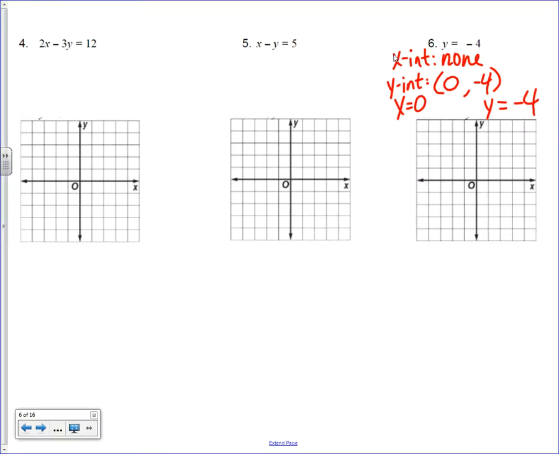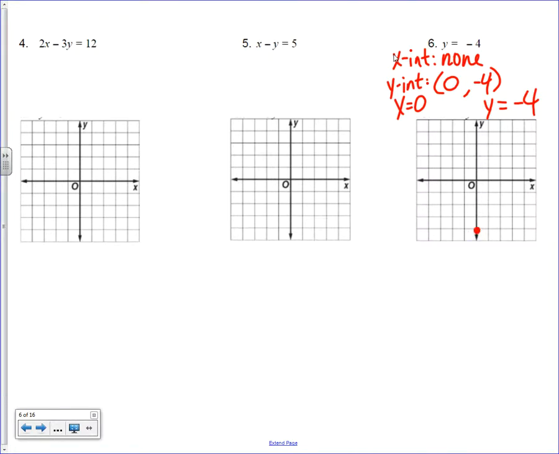If I start at the origin, left or right, where do I go? I asked you, left or right, where do I go? I don't go anywhere left or right because it's a 0 right there, isn't it? And I'm going to go down 4. 1, 2, 3, 4.